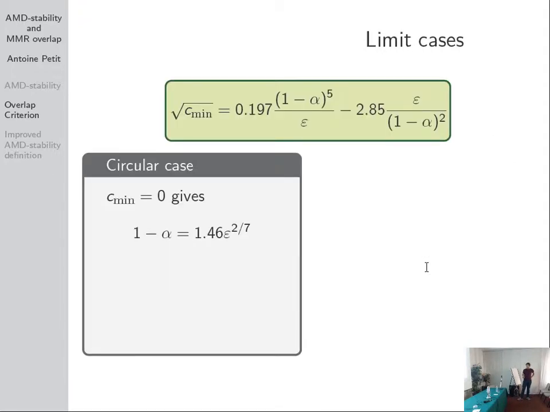We can look at the limit cases of this expression to see if it is consistent with the previous authors. So if we take c min equal to 0, it corresponds to the circular case, and by solving this equation in 1 minus alpha, we obtain the Deck criterion for the circular orbits.